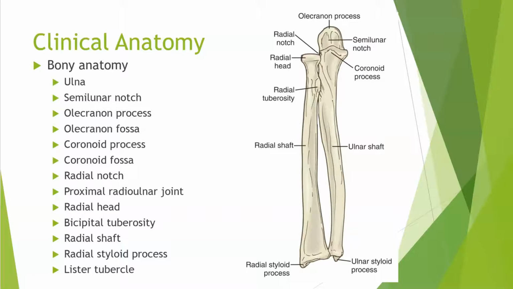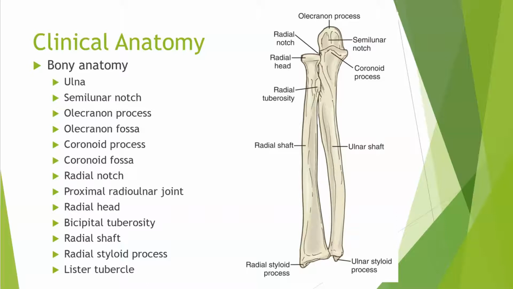Also talking about the bony anatomy. Up at top is the olecranon process, where it articulates in the olecranon fossa. When we completely extend our arms, it should be at 0 degrees, in a flat line. Some people have a little bit more hyperextension than others, and we'll talk about that fairly quickly.